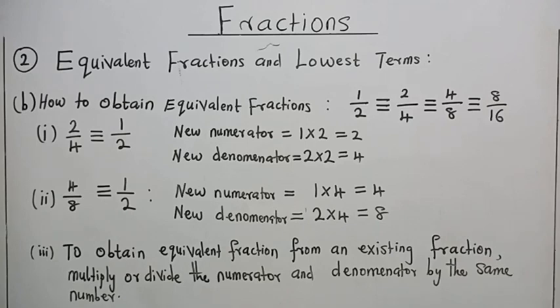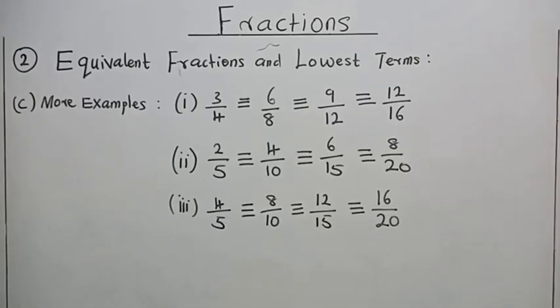With these highlights, I believe that you've known how to obtain equivalent fractions. But it is important we take a few examples to make our understanding even more solid. Let's see more examples.